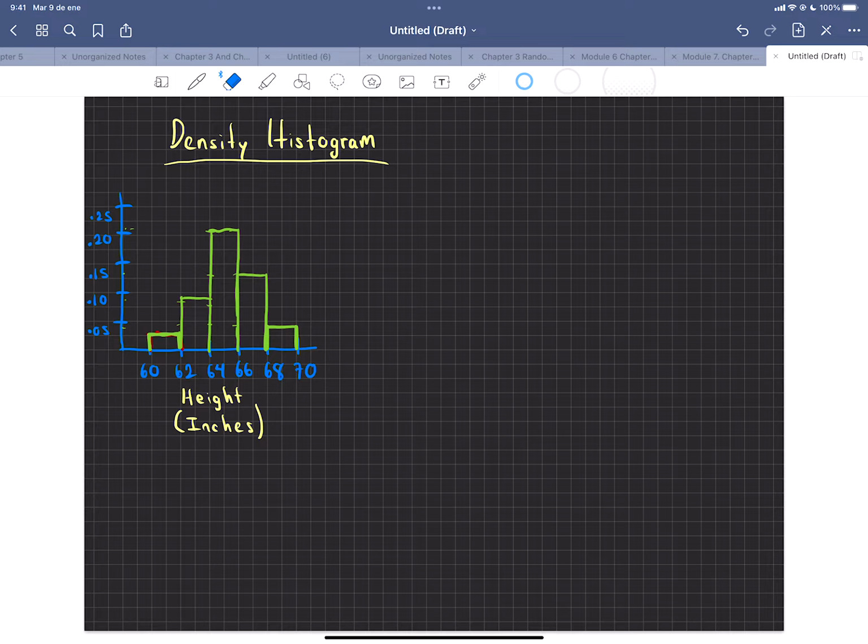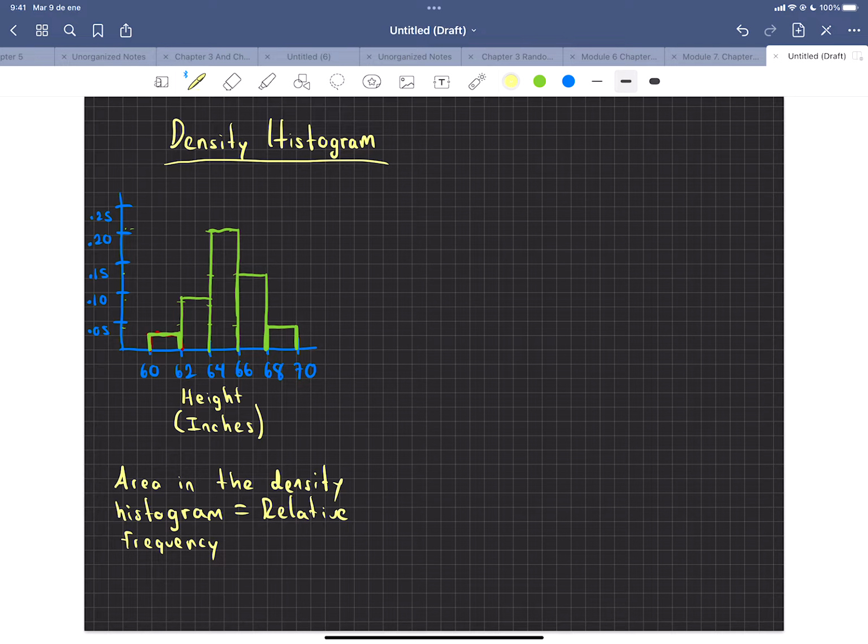The main point of this is that the area in the density histogram is the same as the relative frequency, or proportion, or percentage, or probability.